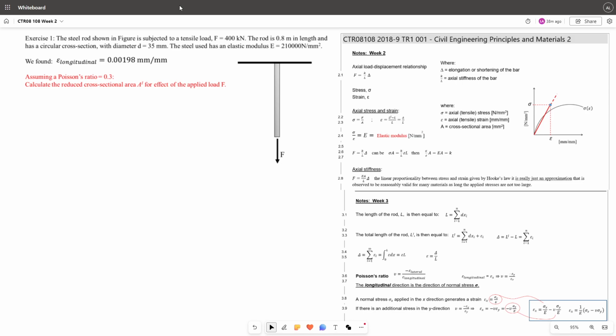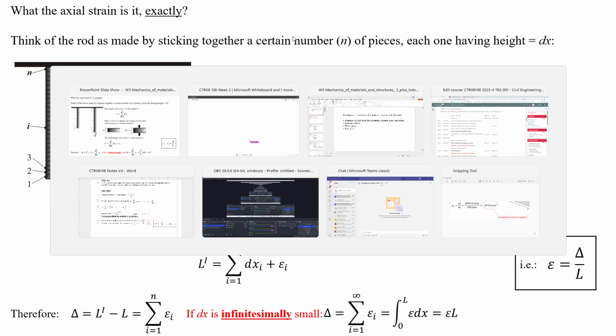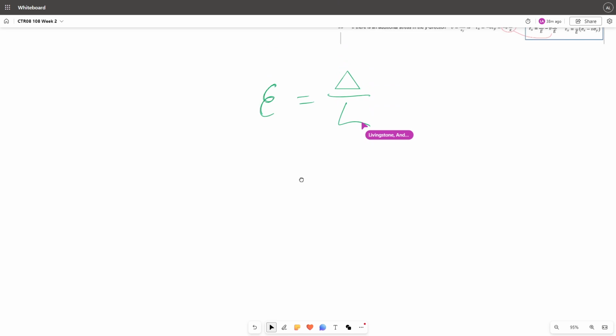Just load it up, okay? And what was the thing we're having a look at? It was strain, delta, L.